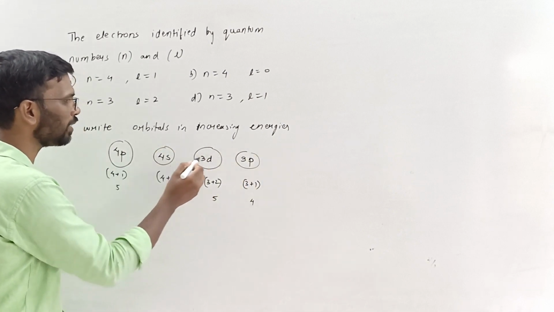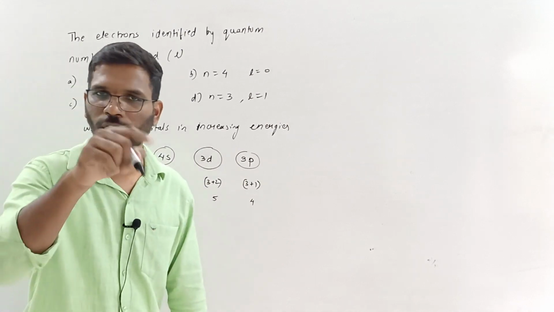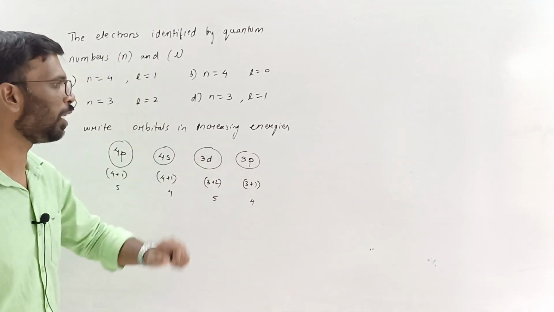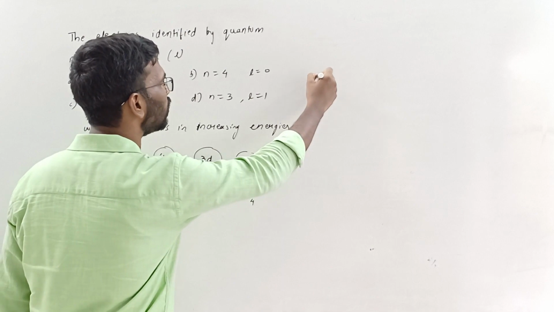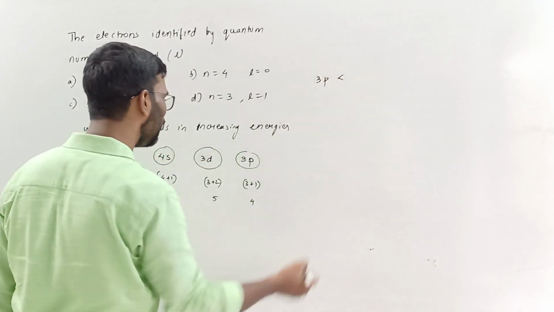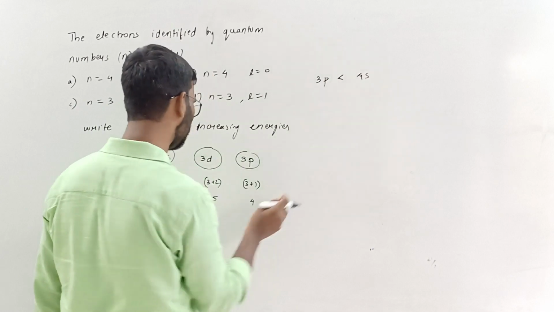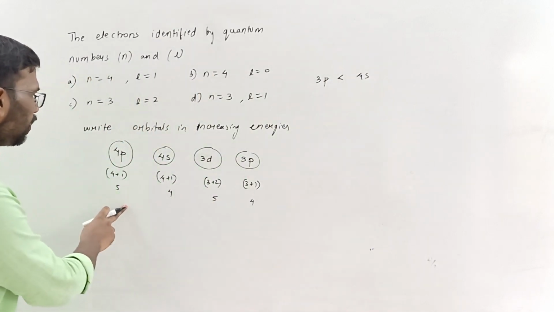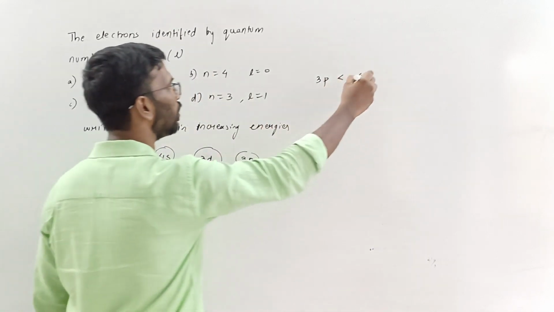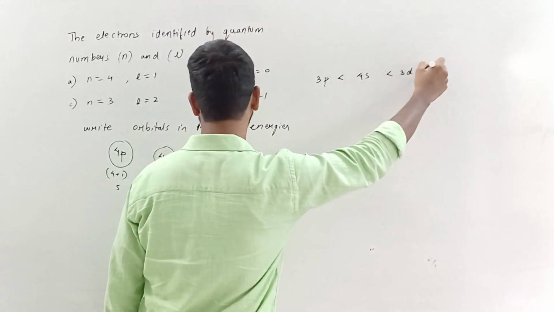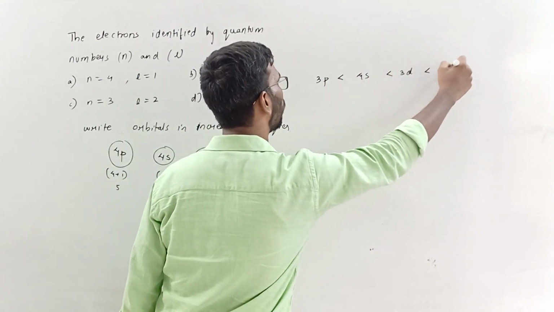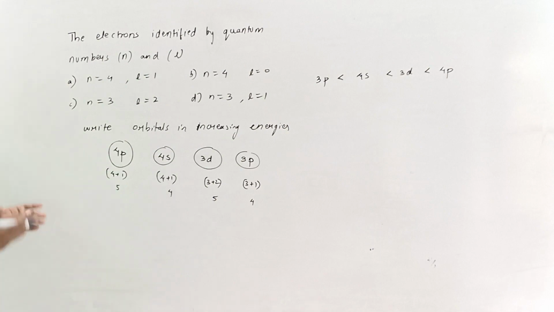Among 4s and 3p, which will have the least energy? We again look for the 3p orbital. 3p has the least energy. So 3p, then 4s, because the sum is 4. Then among the others, it is 3d, and the maximum is 4p. So this is the correct order of the energies.